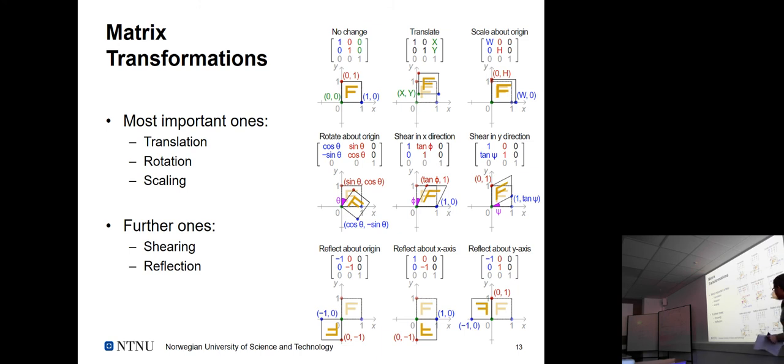We're not dealing with this today. And obviously the idea of reflection: the reflected representation of the original object that you're dealing with. So those are possible transformations. The most important ones, however, will be translation, rotation, and scaling.